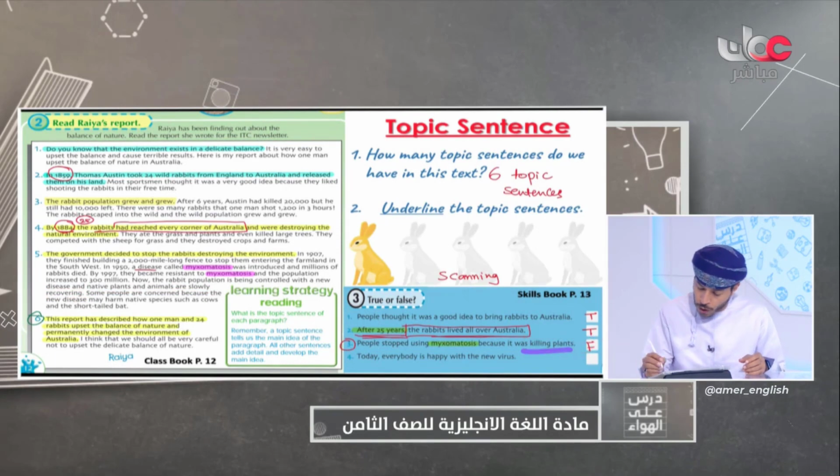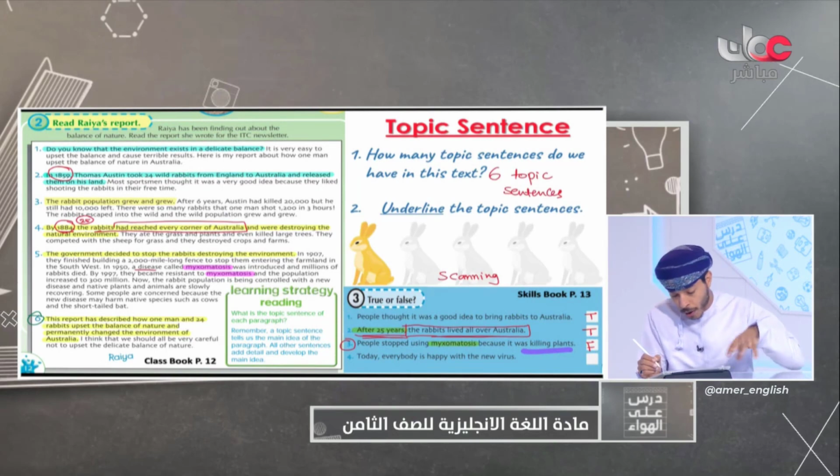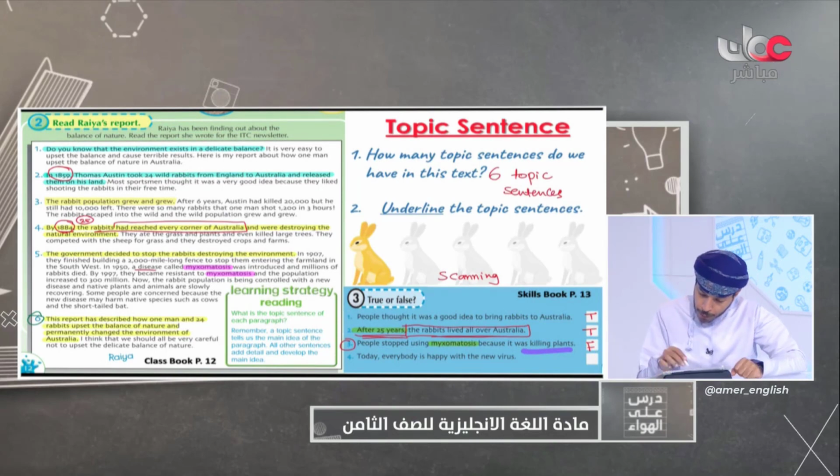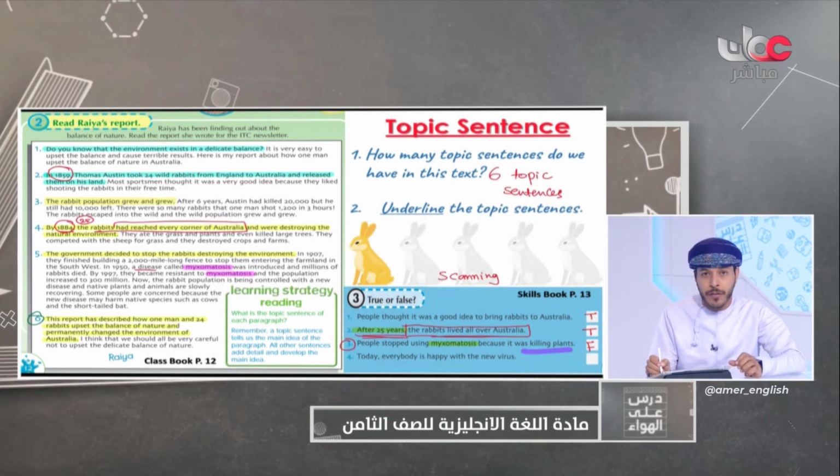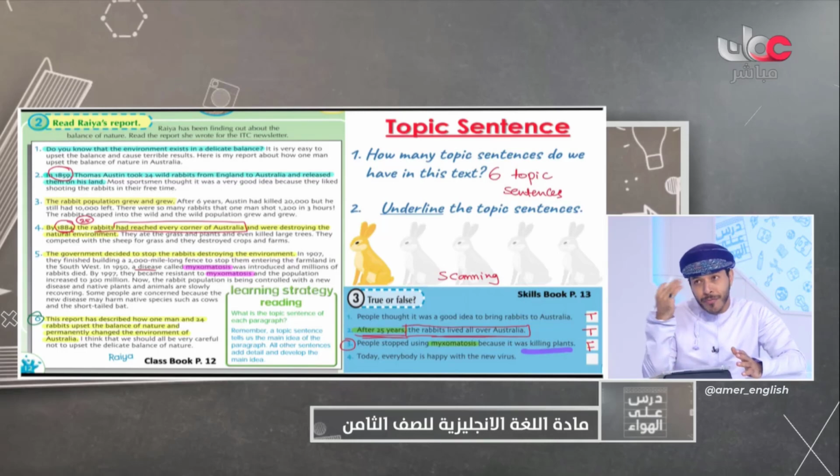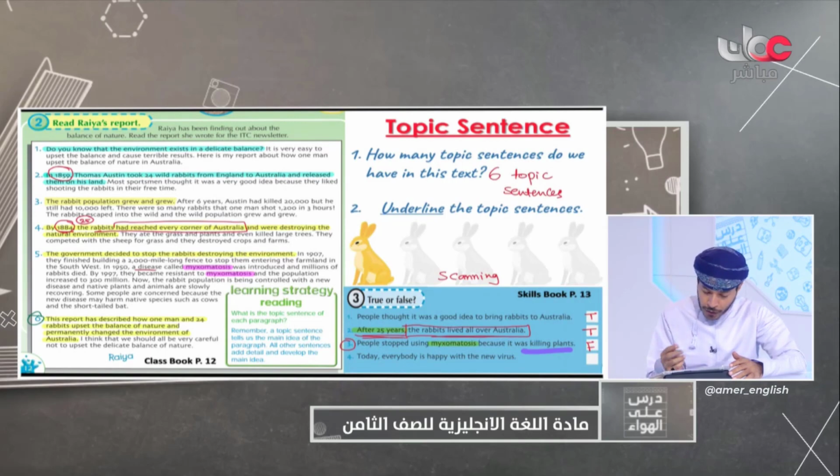And for the last one, today, we are talking about these days, what happened? Today, everybody is happy with the new virus. Okay, and this one, no one is happy with the new virus, and maybe you can answer it without reading the text, but still we need to look through the text in order to answer this question.